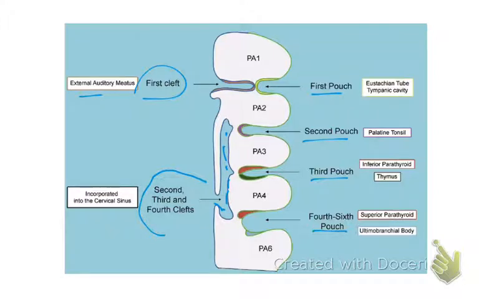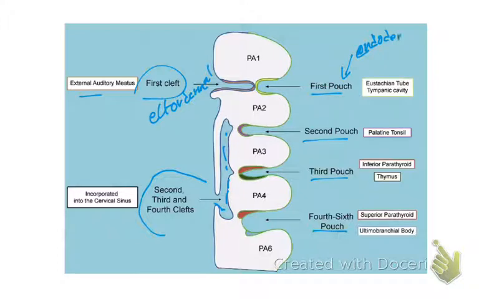Those pharyngeal pouches form on the endodermal side between the pharyngeal arches, and the clefts or the grooves from the lateral ectodermal. So those clefts are from the ectoderm, and the pouches are from the endoderm.